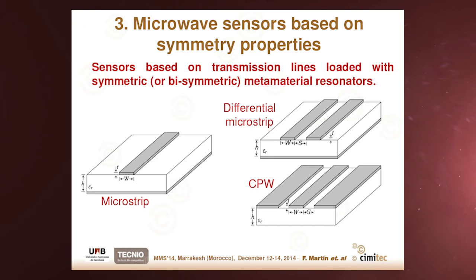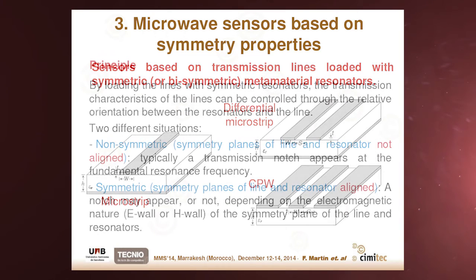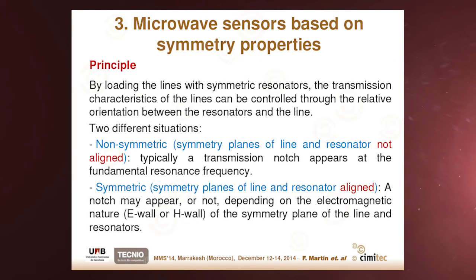Okay, let's now move to the field of sensors based on symmetry properties. The idea is to load transmission lines, microstrip, differential microstrip, CPW, etc., with symmetric or even bisymmetric resonant elements, typically useful for the implementation of metamaterials.